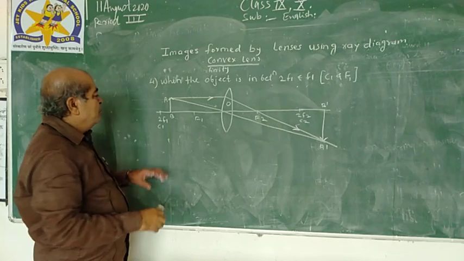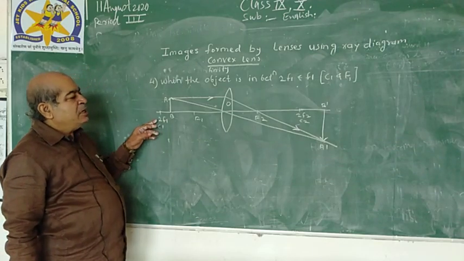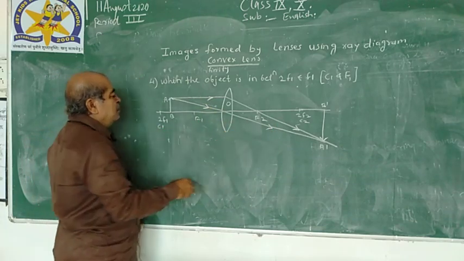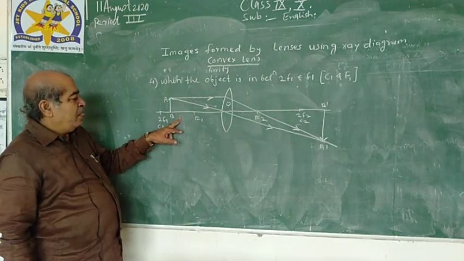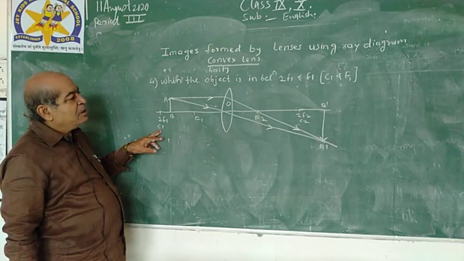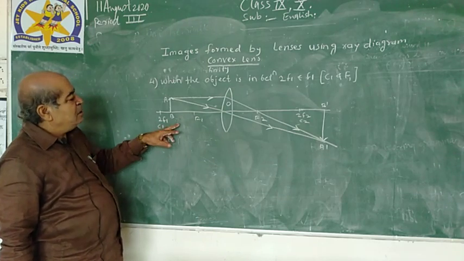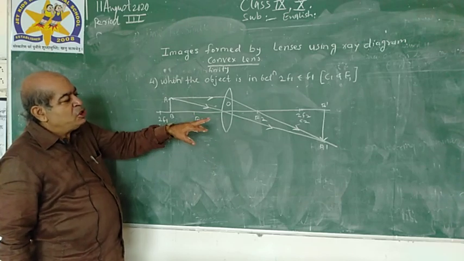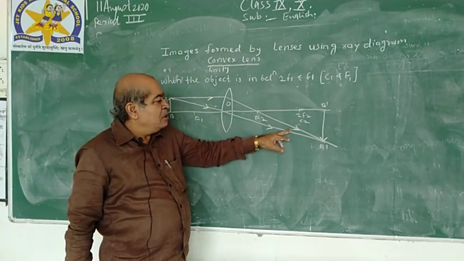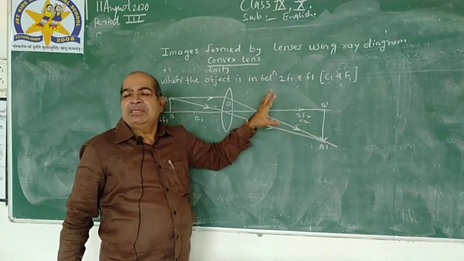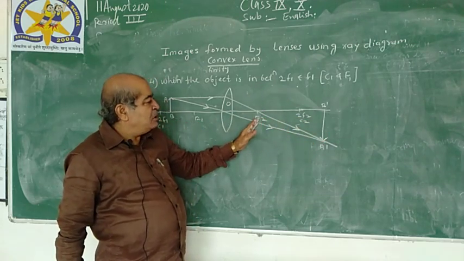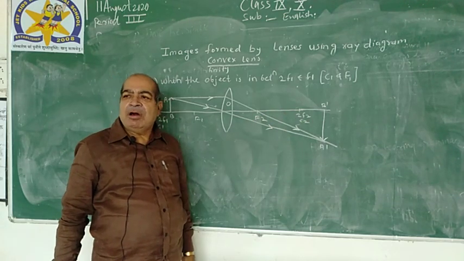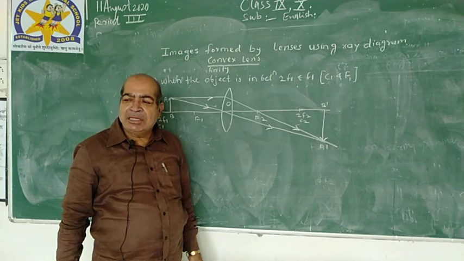When the position of the object is in between twice F1 and F1, meaning center of curvature C1 and F1, the position of the image is beyond twice F2. This is F2, this is twice F2, and the image is formed beyond twice F2.